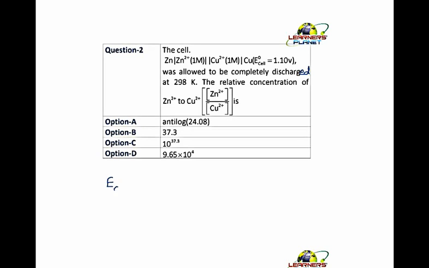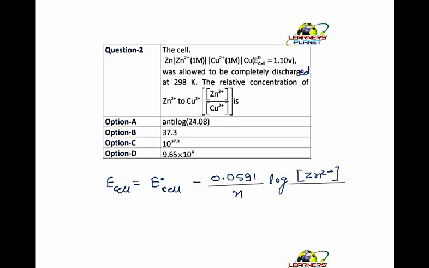So, E cell is equal to E naught cell, right, minus 0.0591 divided by N, that is the number of electrons, times log of the concentration of the anode electrolyte upon the concentration of the cathode electrolyte, or the electrolyte in which the cathode is immersed.